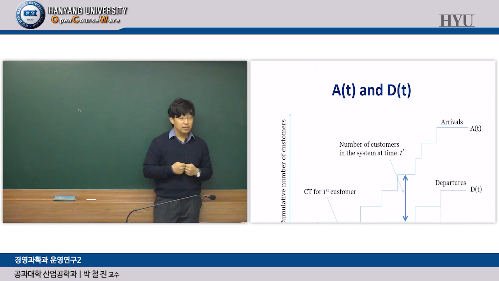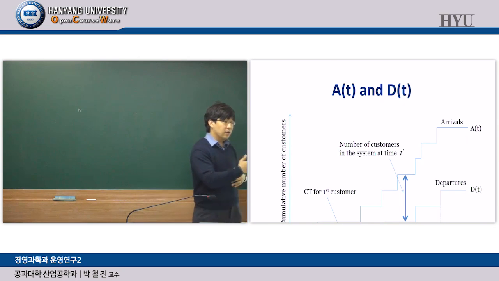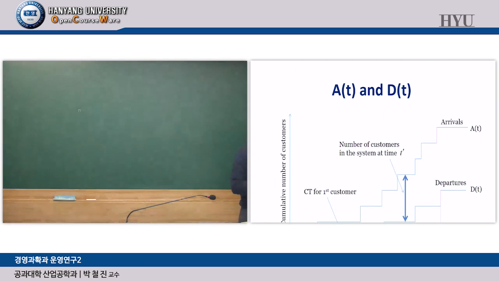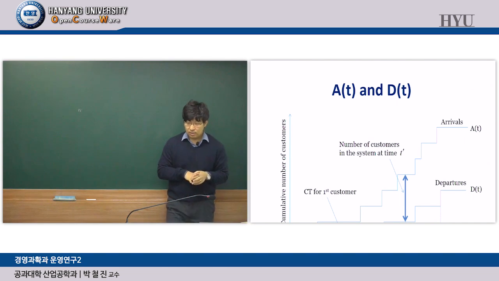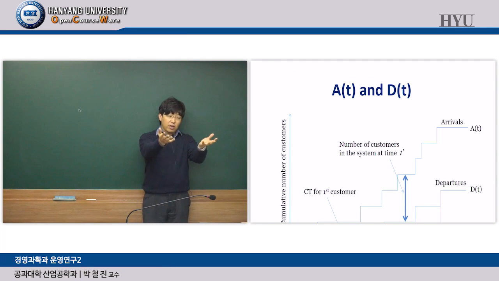The inter-arrival times are IID exponential, so this process is what process? Poisson process, right? In other words, this arrival process is a homogeneous Poisson process, and the inter-arrival times follow an IID exponential distribution.